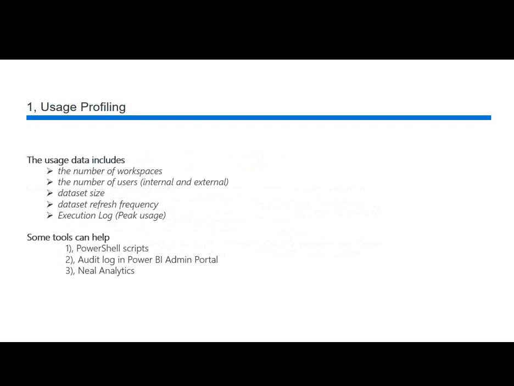The first step is usage profiling, right? You bought Premium. Okay, you want to migrate the workspace, basically you want to turn on the Premium capacity for your workspace. But let's say you have 20 workspaces, then you don't need to talk about this. All I'm talking about right now, the methodology or approach, is for when you have more than 100 workspaces.